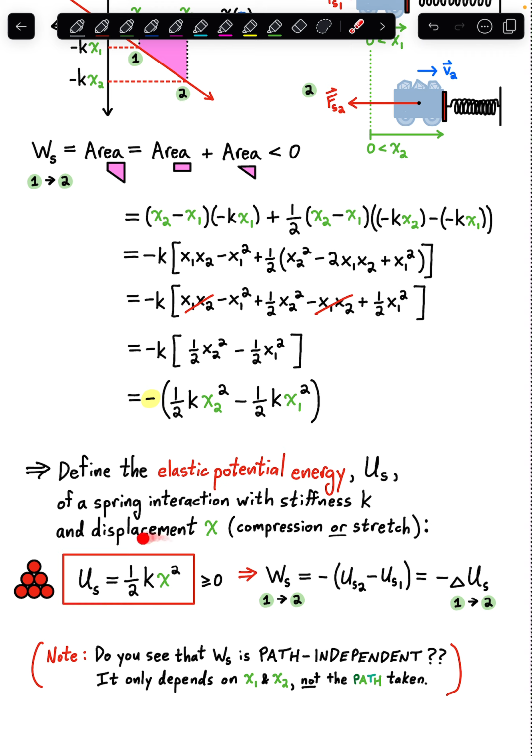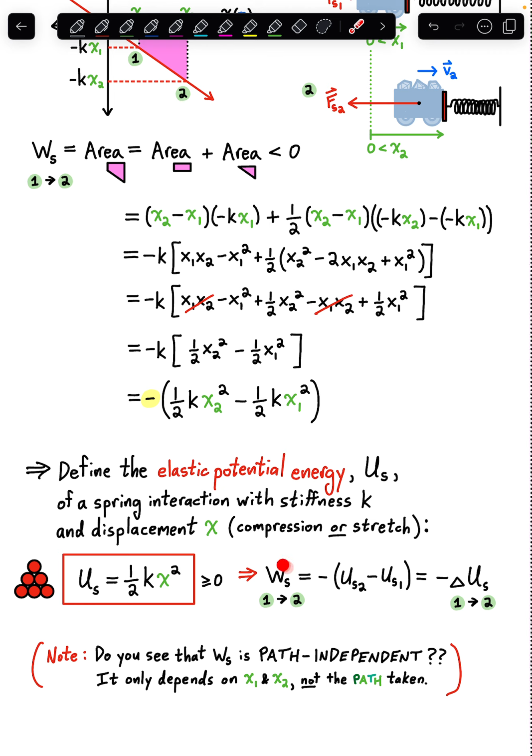So there we have it, 1/2 kx squared for spring potential energy. Based on this definition, it can never be negative. x gets squared, k is always positive. So unlike gravitational potential energy, which can be negative, spring potential energy or elastic potential energy is always positive.